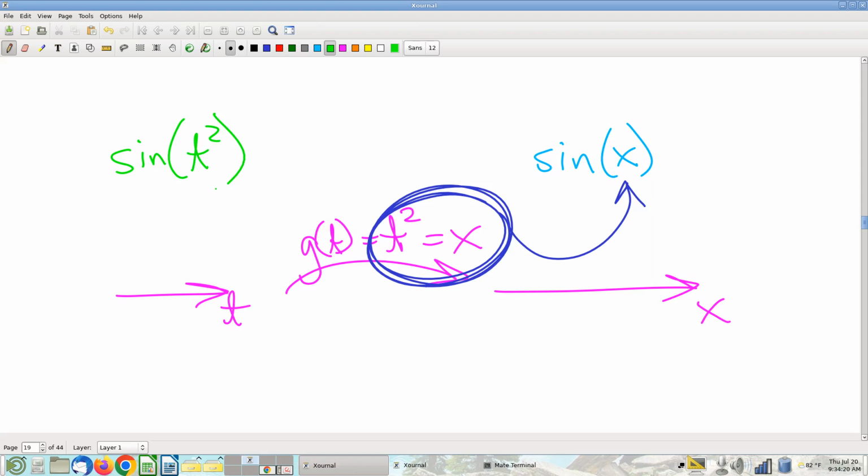And notice that this act of plugging in has literally taken the expression that was in terms of the right variable and rewritten it in terms of the left variable. This is a little counterintuitive, but plugging in effectively pulls expressions backwards through the functions. That's all I mean by a pullback. It's not really all that big of a deal. There it is. I mean, clearly this works.